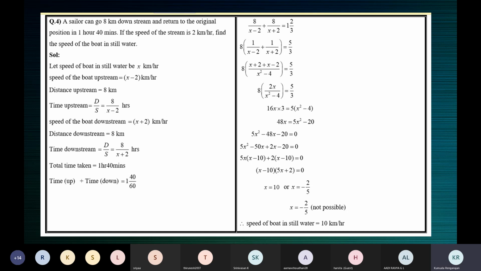Similarly, find the time taken to cover 8 kilometers downstream. Distance 8 kilometers, speed x plus 2 kilometers per hour. Under these circumstances, what is the time taken? Add both the times taken, because the total time taken is 1 hour 40 minutes.